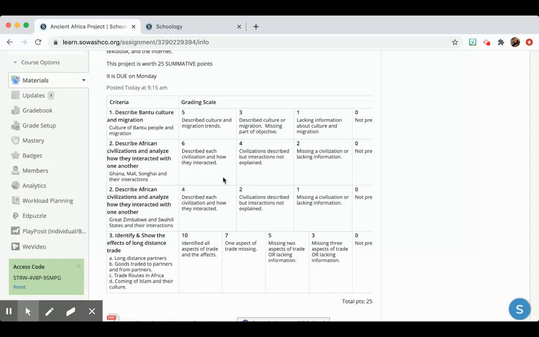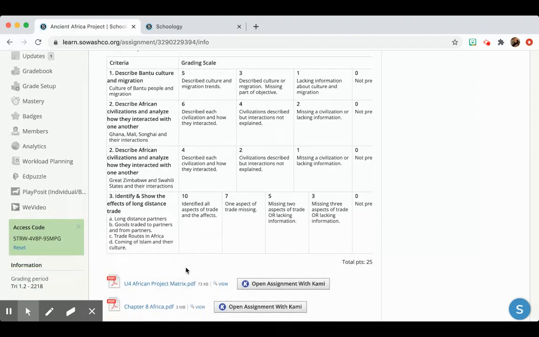We have them broken down into 2 sections. The first one, Ghana, Mali, Songhai, worth 6 points. The second one, Great Zimbabwe and Swahili states, worth 4 points. Finally, objective number 3, to identify and show the effects of long-distance trade, is also worth 10 summative points. Altogether, your project is worth 25 summative points.